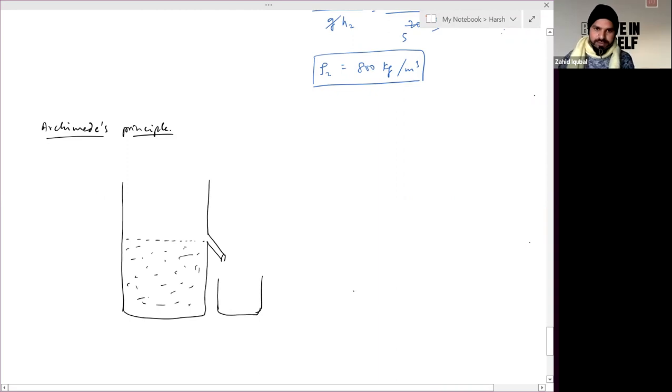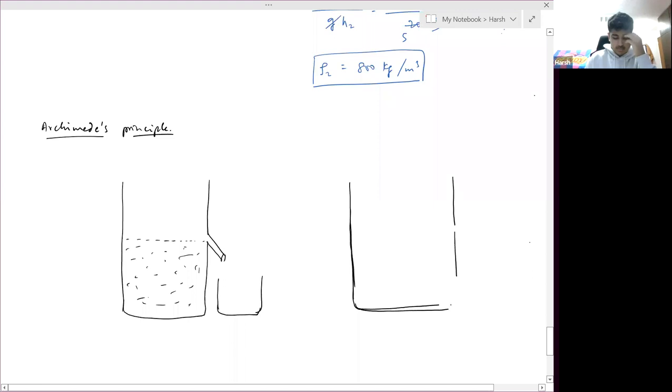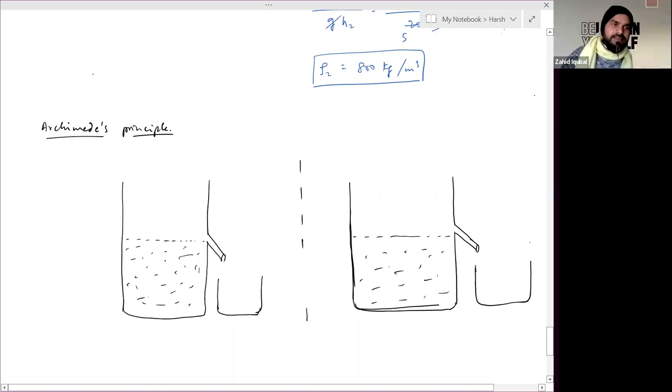Now suppose another object. This is the first case and this is the second case.